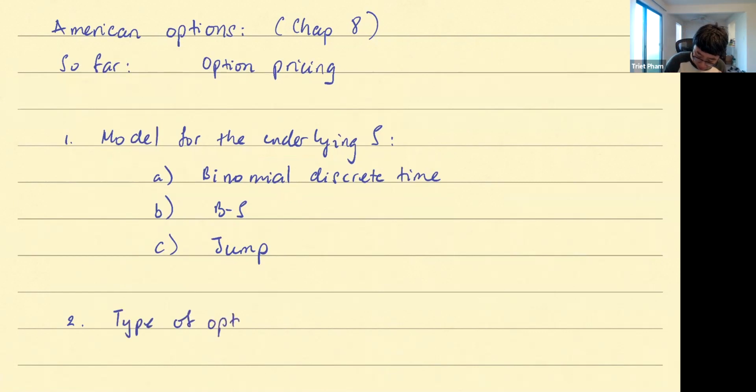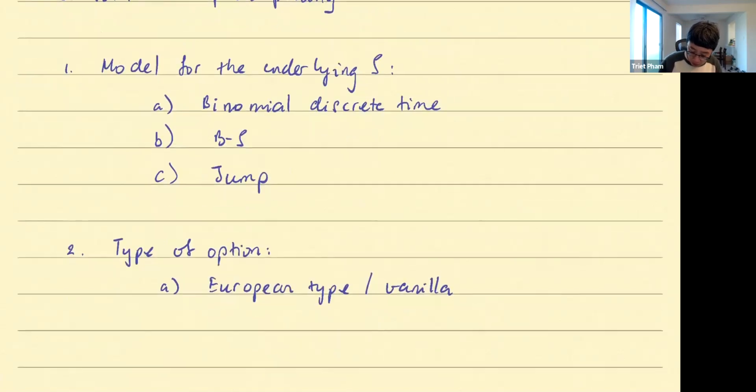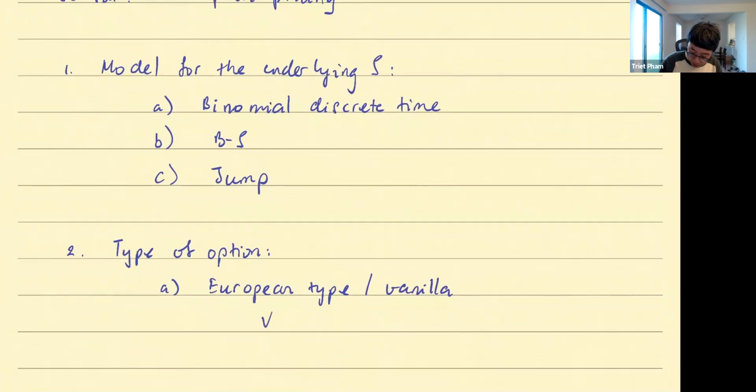And so far, there are roughly 2 types. The first one is what we call European type, or vanilla. Basically what it means is there's not much to it. The whole point is there is an expiration time and you get the payoff that depends on how the stock behaves at that terminal time.